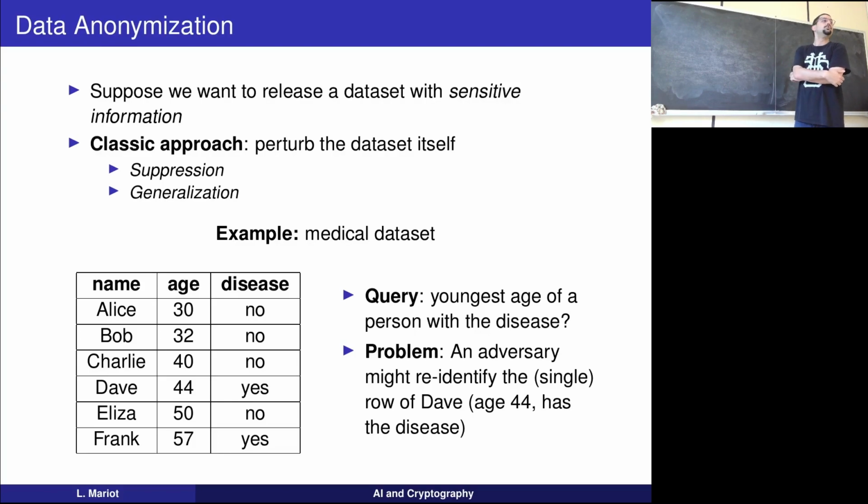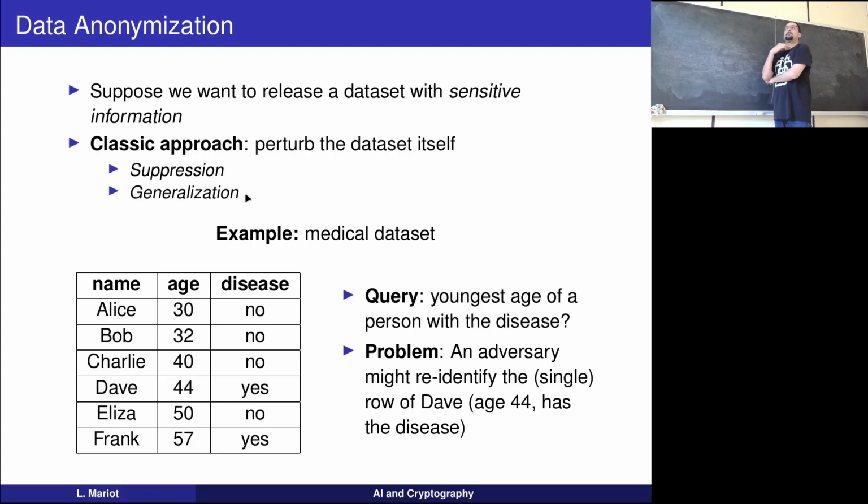Then the idea usually is that to release this dataset, you try to perturb it or to anonymize it in a way that a person outside is not able to re-identify the single records inside the database. The two classical approaches to do this perturbation are to either suppress some attributes inside a database or to do some kind of generalization.